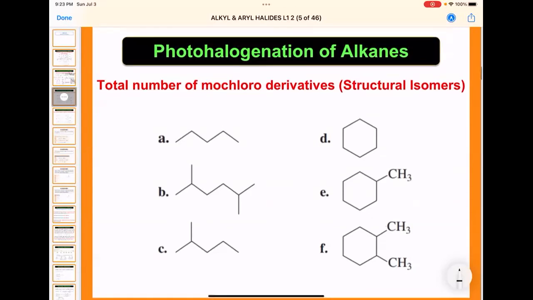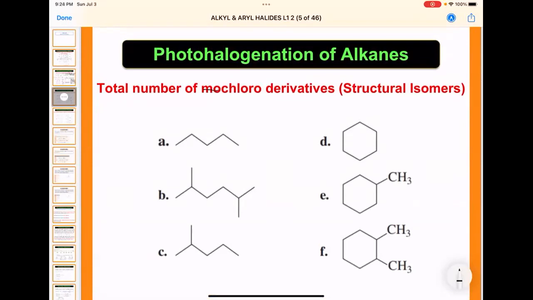Monochloro derivative means 1 chlorine. If you put 1 chlorine, how many structural isomers you can get? Total number of monochloro derivative structural isomers possible from the given alkanes. So tell me how many you can get from A.